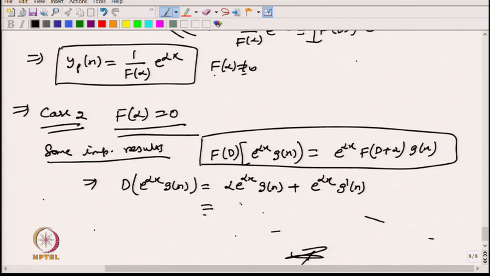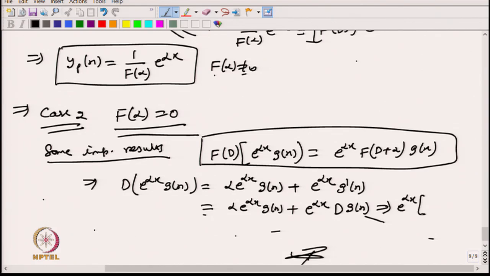This can be written as alpha e raised to power alpha x g of x plus e raised to power alpha x times D g of x, where D is the derivative operating on g of x.